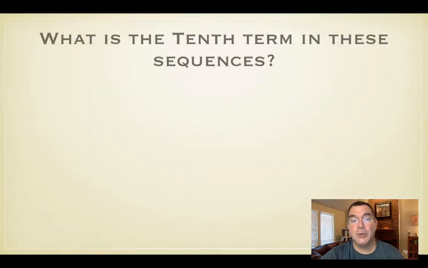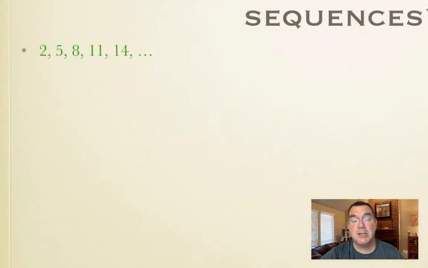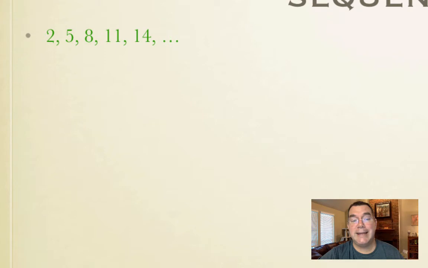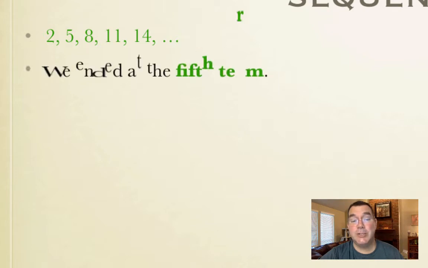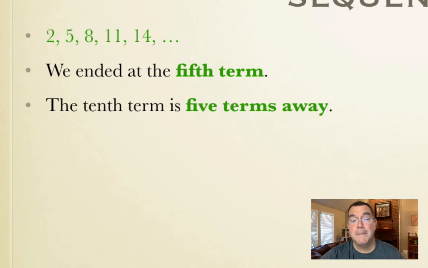I may ask you what another term is that is way far down in the sequence, like maybe the 10th term. So let's see how to do that. Let's start with this sequence here. I've got 2, 5, 8, 11, and 14. Well, I'm starting at 2 and I'm going up by 3s. I've ended at 14, which is the fifth term. So that means I've got 5 more terms to go.